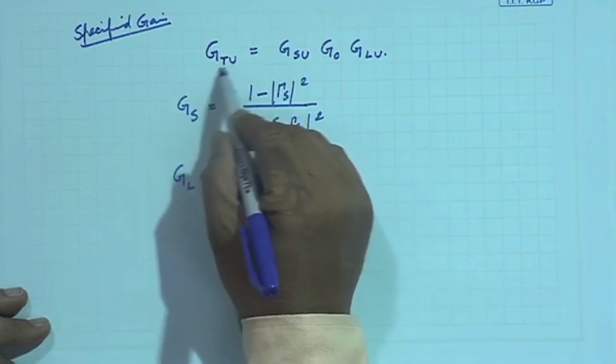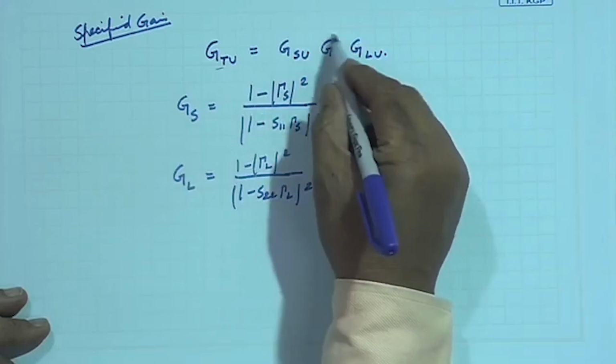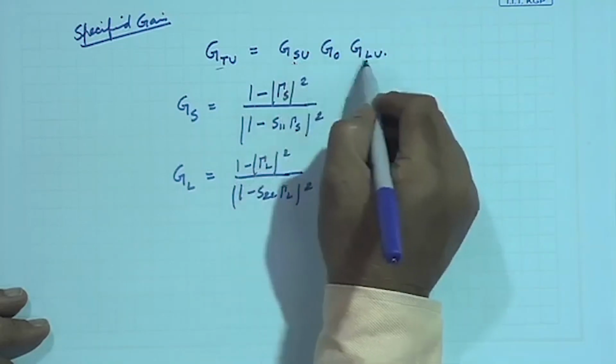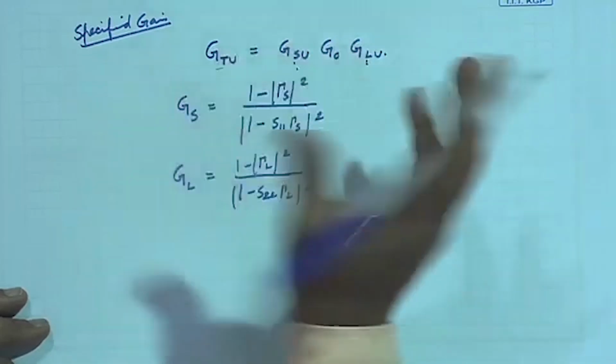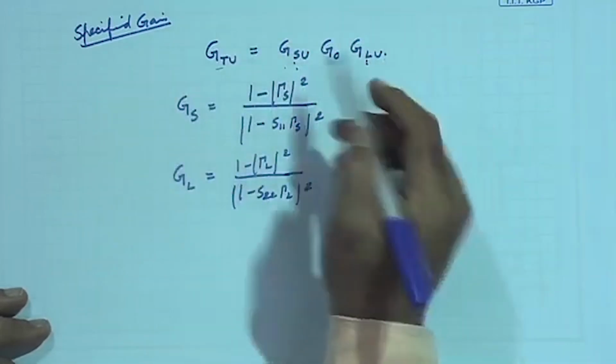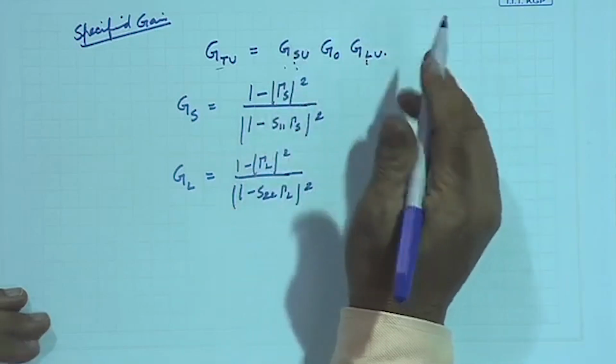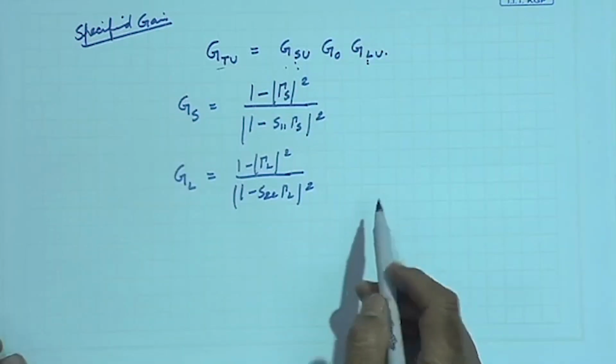So, I have the overall specification, and I know this value, G naught, which is |S21|^2 of the transistor. Now, these two are in my hand; I can have any choice of input matching and output matching, some gain from here, some from here, and I achieve that dB gain.